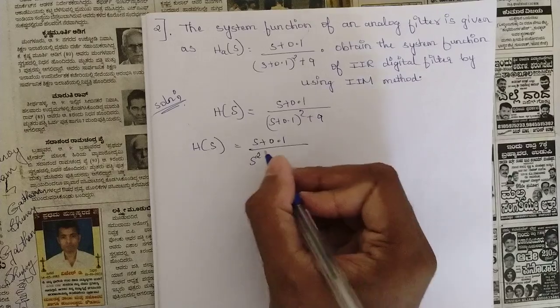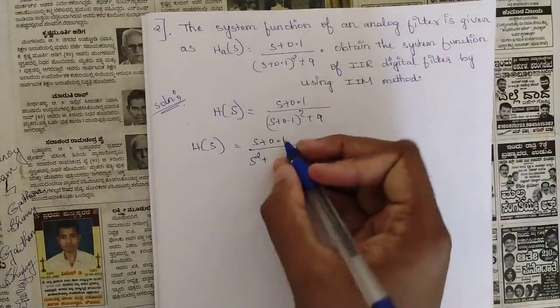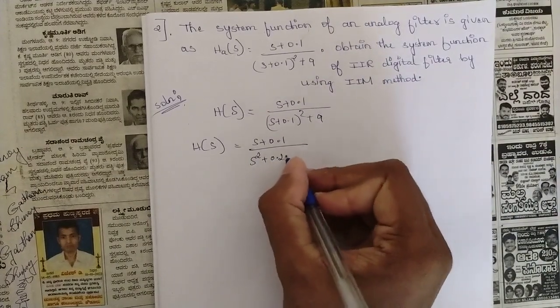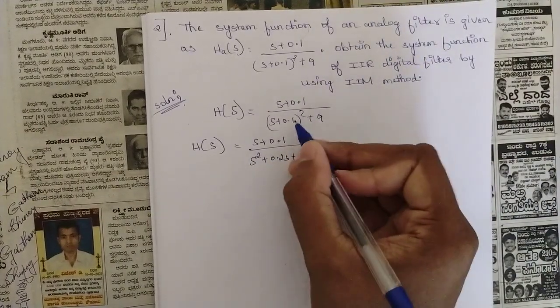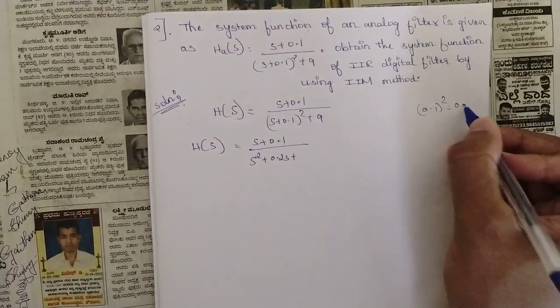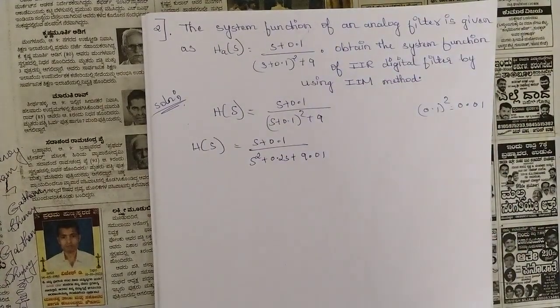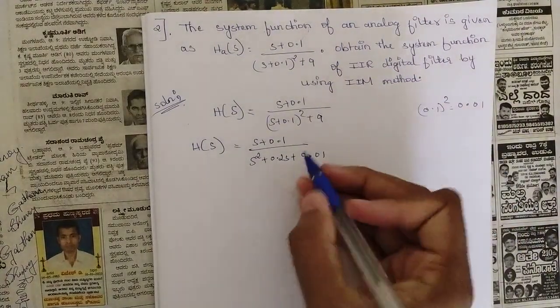So s square plus 2ab, that is 2 into 0.1s, that is equal to 0.2s, plus b square, that is 0.1 the whole square. 0.1 the whole square is equal to 0.01 plus 9, so that is equal to 9.01, right?